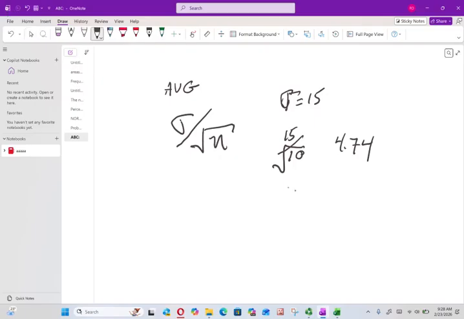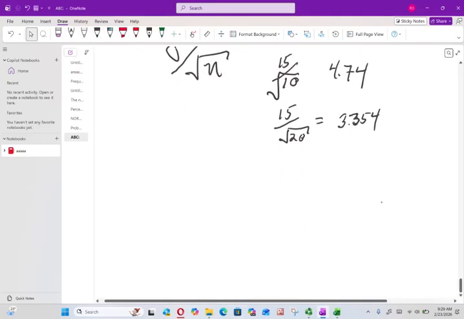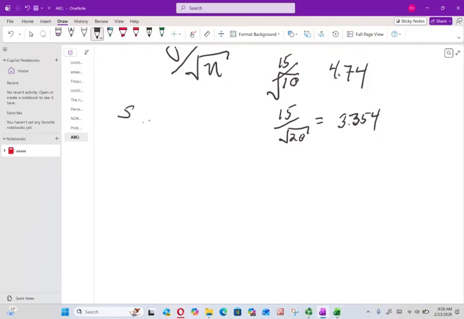For the sample size of 20, we have 15 divided by the square root of 20, which is 3.35. A sample of 20 makes a better bet than 10 because of the standard error. It's called the standard error, and it's written different ways. S sub x bar is one of them.